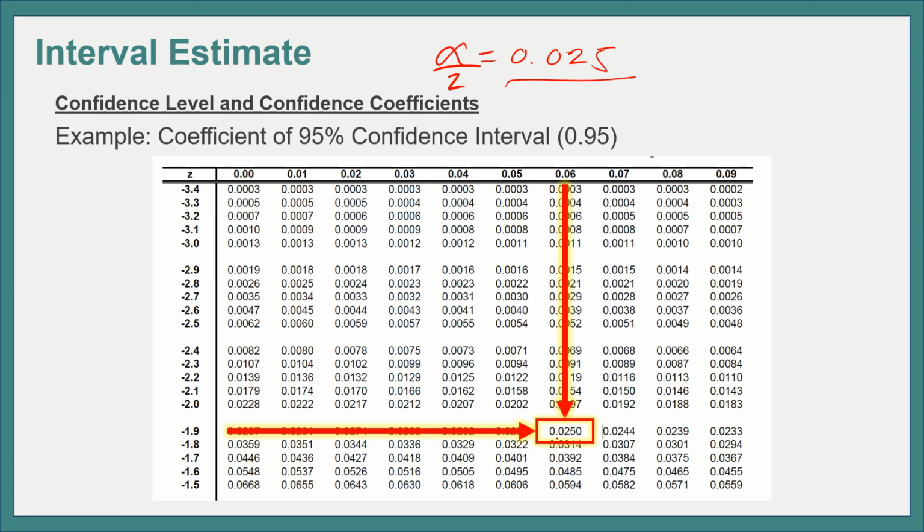So the z value for 0.025 is equal to negative 1.96.